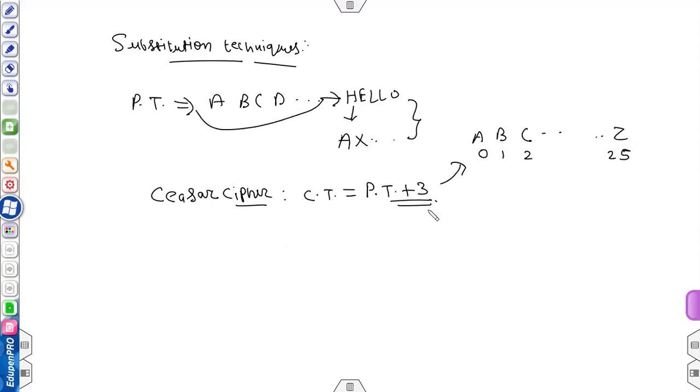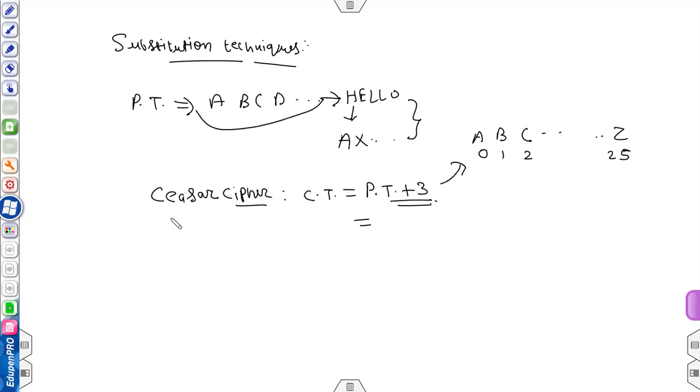Now each letter has a particular number. So you may check which letter H will be replaced with, which letter E will be replaced with, similarly L and the other letters. So it is called the substitution technique.